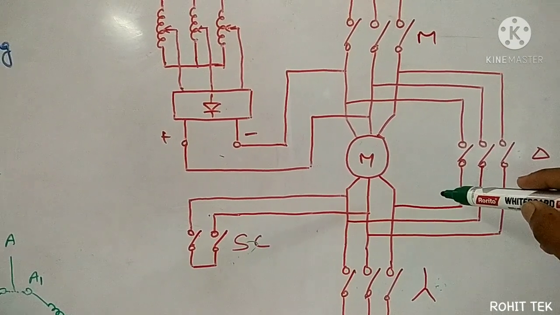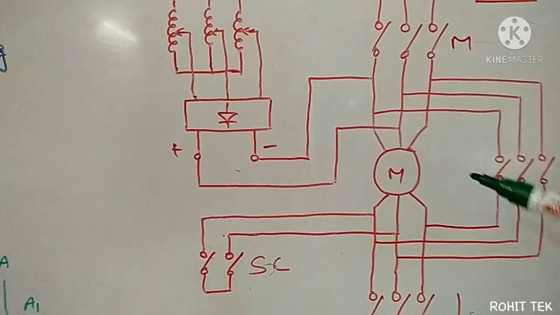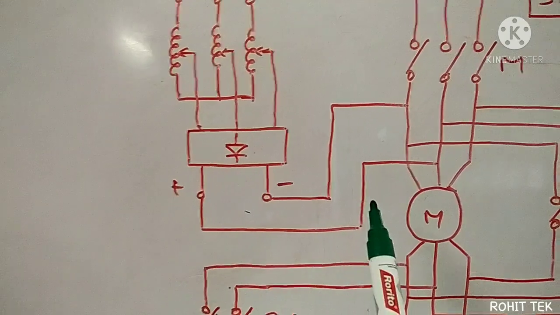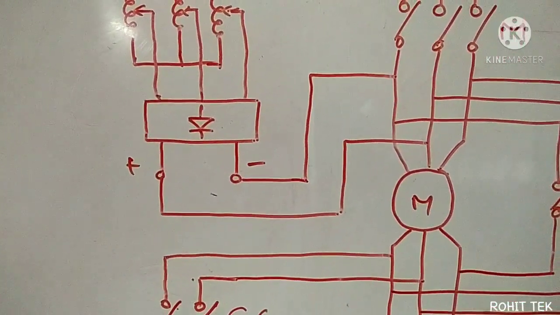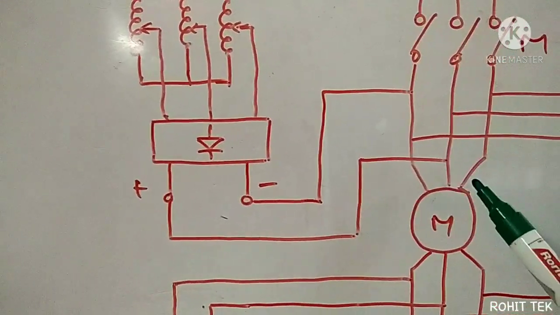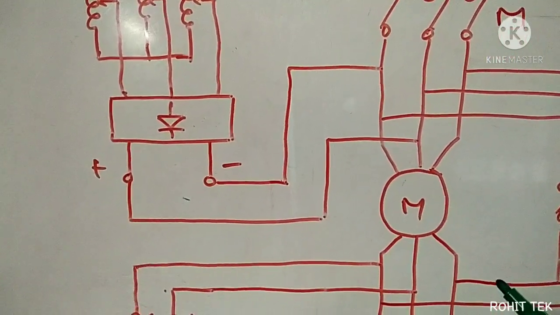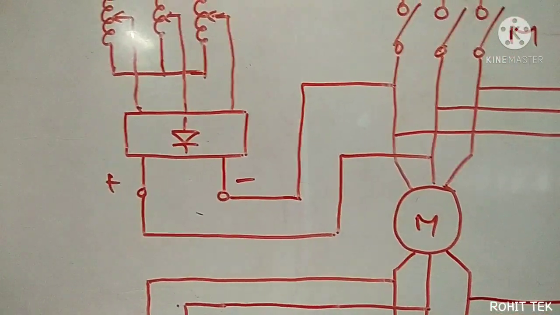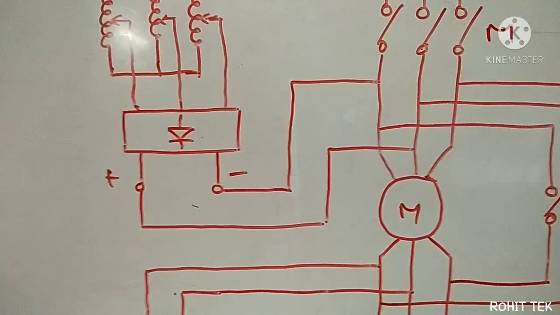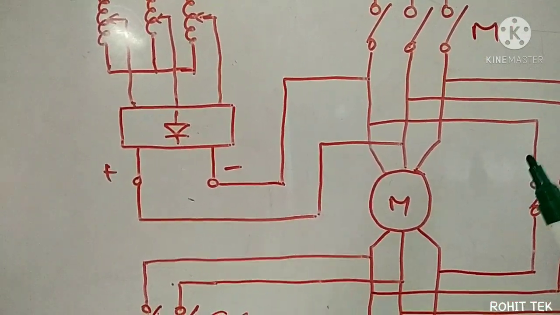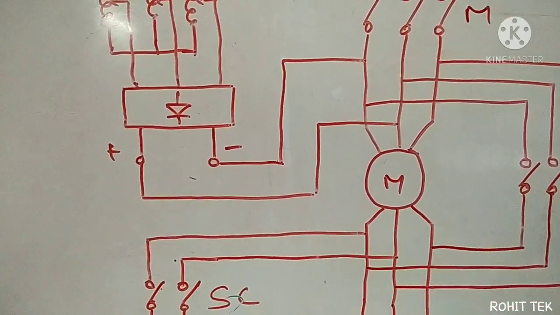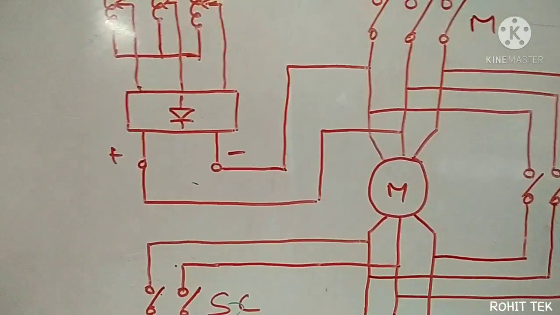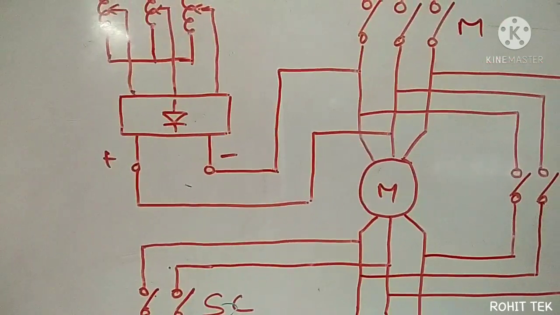Is it clear? If I inject DC in the winding by switching off the AC, what will happen? This DC will produce a static magnetic field in the air gap between the rotor and the stator. Automatically the rotor will decelerate and the shaft of the motor will come to rest.